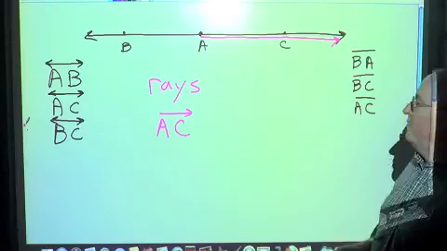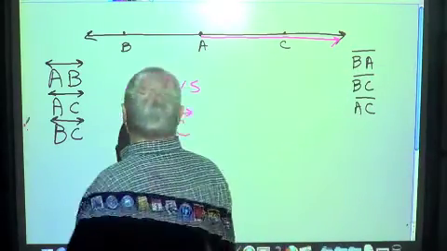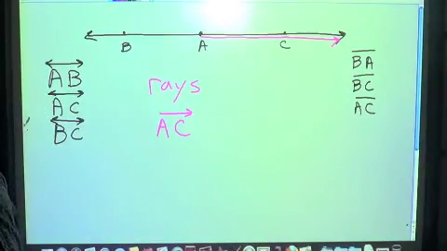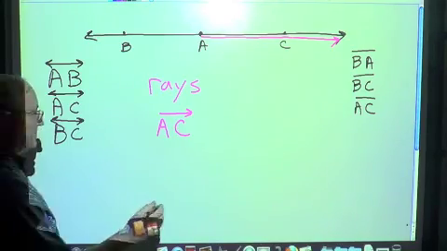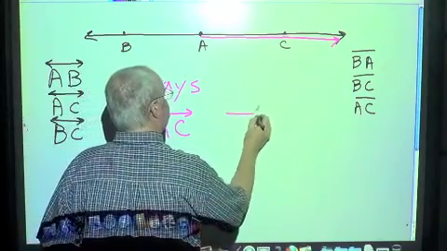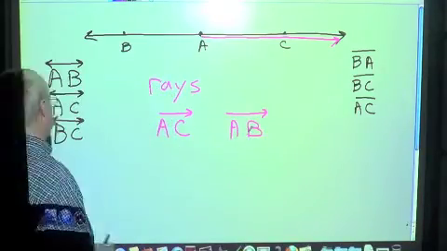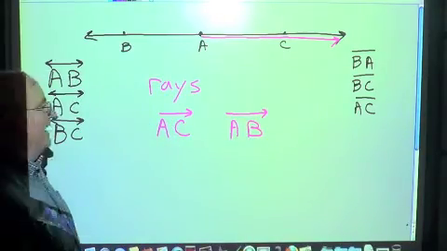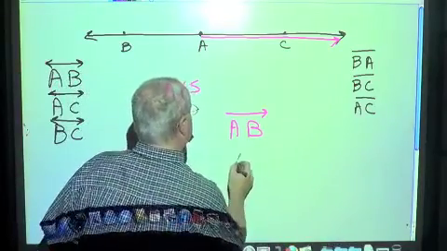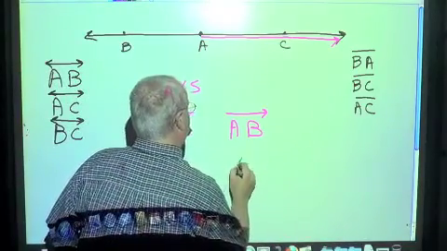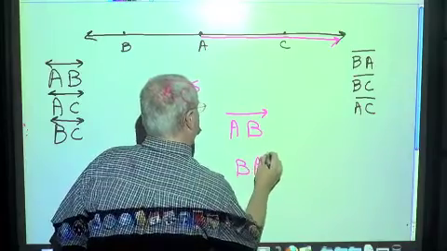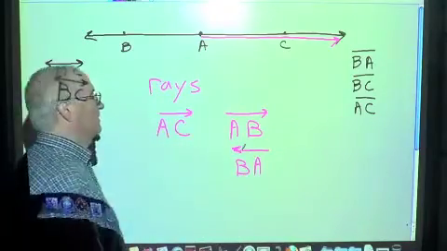Okay? So what would another ray be that we can put here? Starting at A. Correct? We can have a ray that starts at A and goes through B. Some of you are saying, well, wait a minute, how come we don't put it up here like this and say, wow, it goes through there and it's like this?